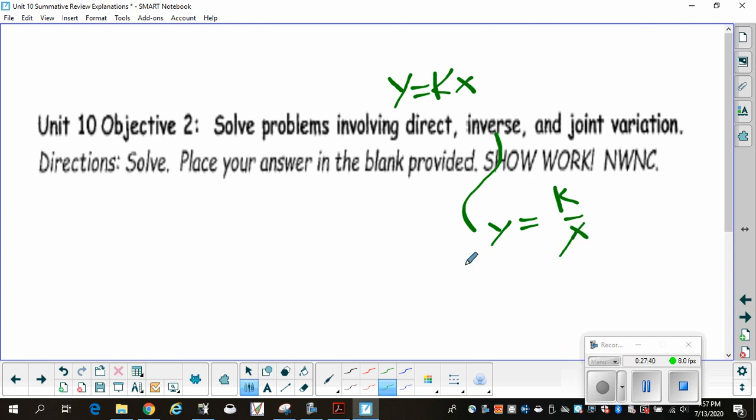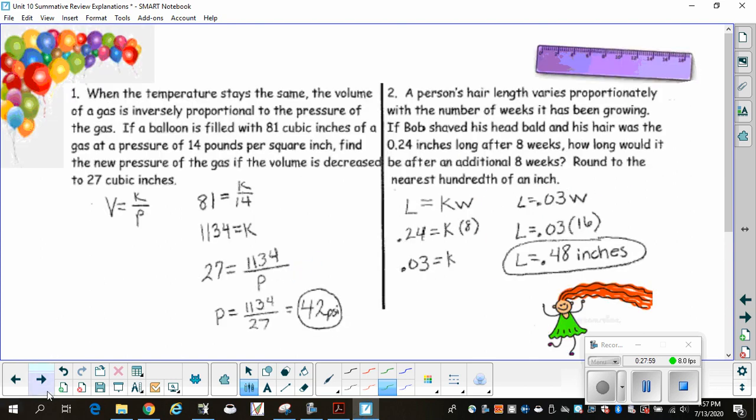Joint variation is where you have y equals kzx, where z and x are both variables. And then you can also have combined variation, where something is both joint and direct.